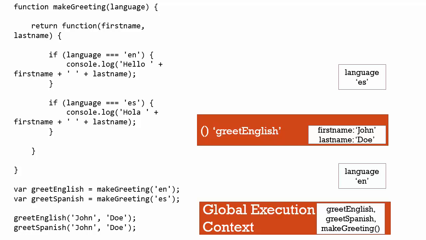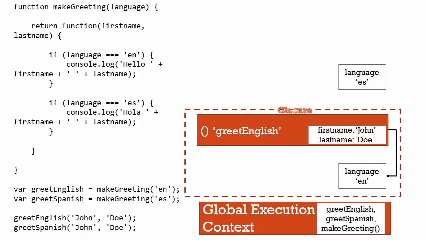And the JavaScript engine knows that this first one was created during that first execution context, so it points to that one, the one it was created inside of, the execution context that returned it. And so that's where my closure is. So greet English gives me my English greeting.